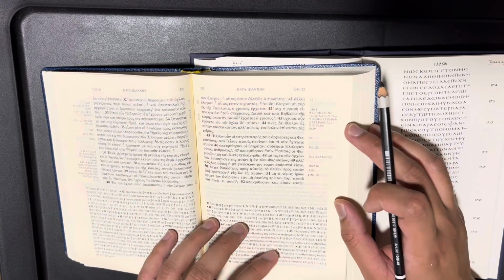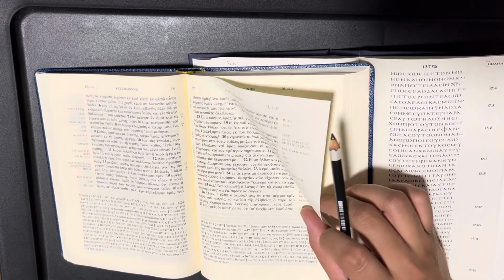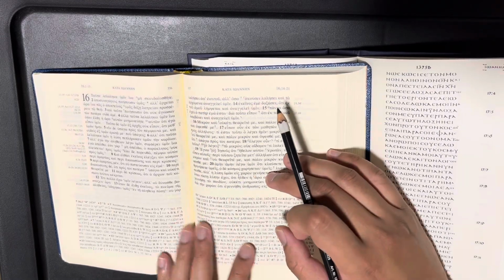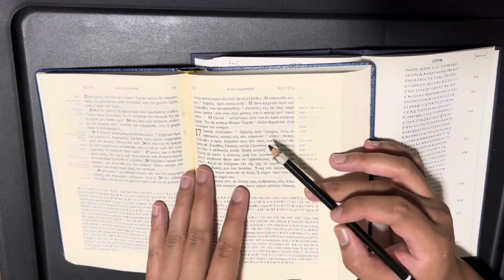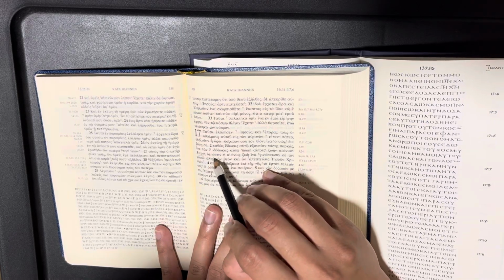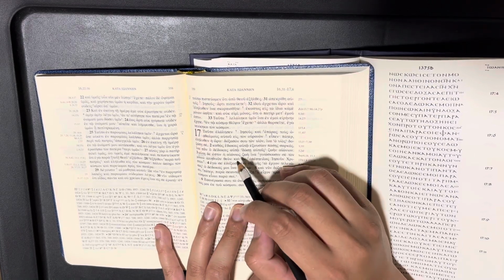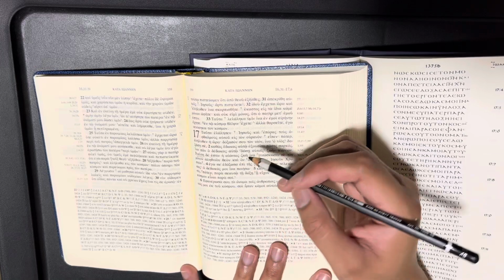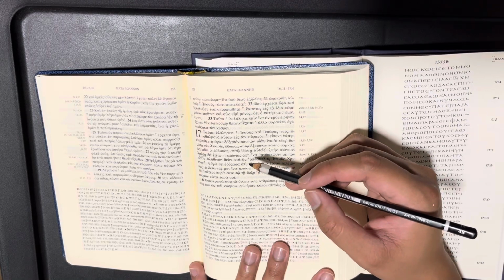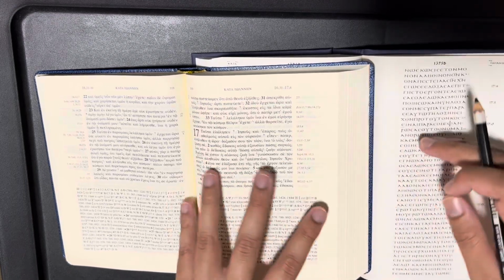So 17:3. Haute de estin he zoe aionios, and this is eternal life. And this is eternal life, that they may know you, the only true God.